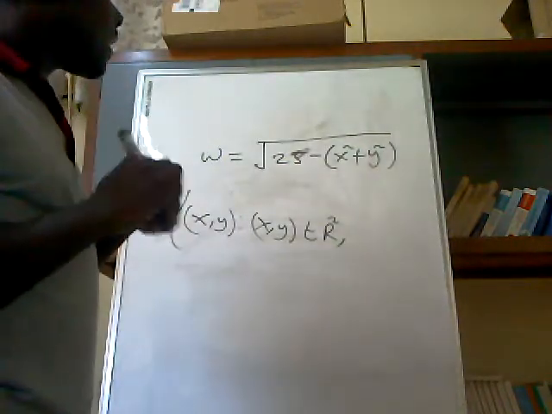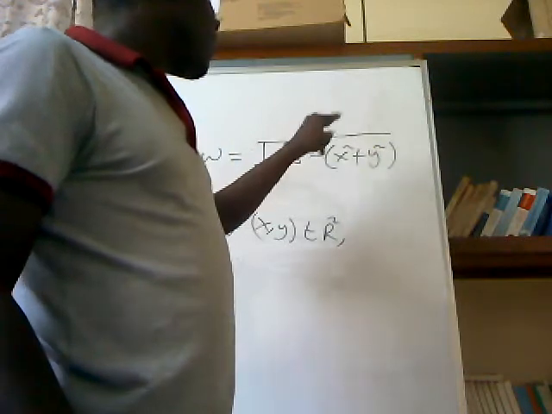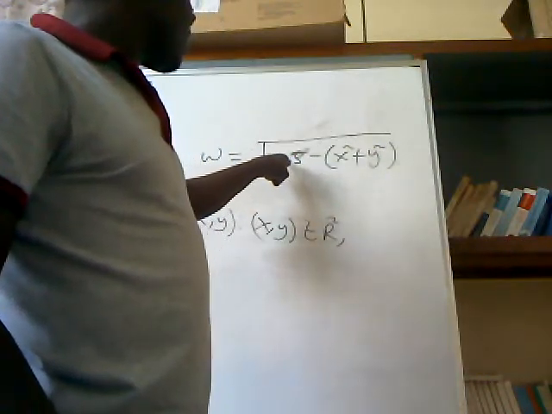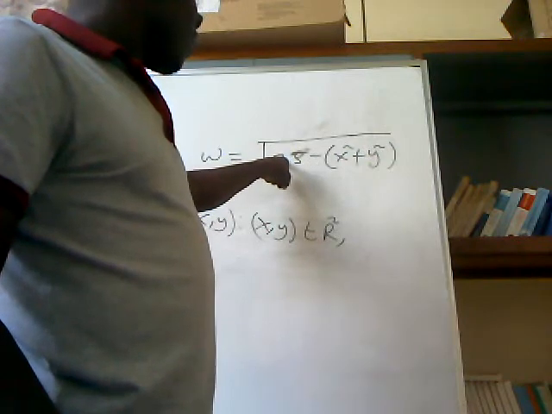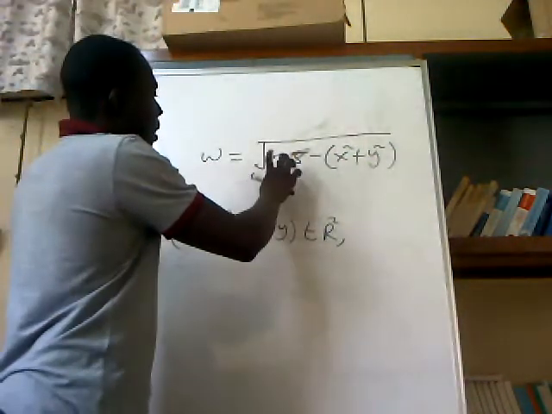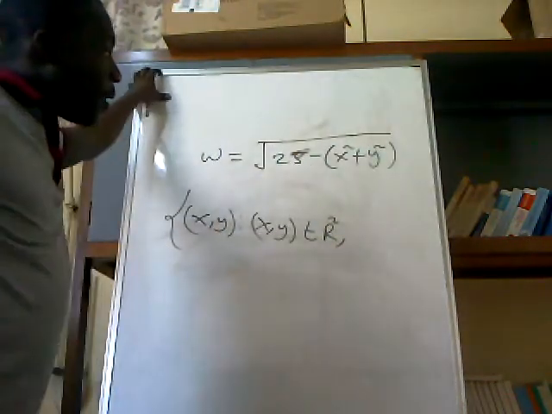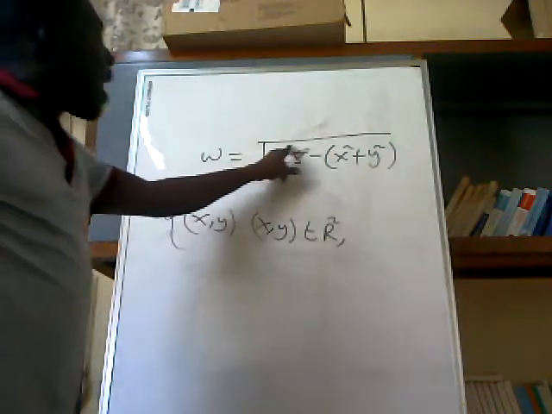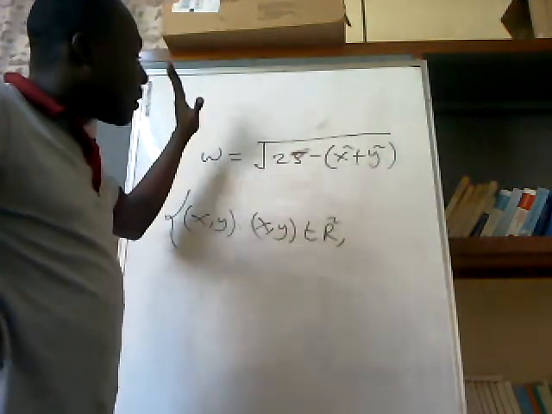But we can see that here, if x squared plus y squared is greater than 25, we would have a negative under the square root sign, where we will enter into complex domains.